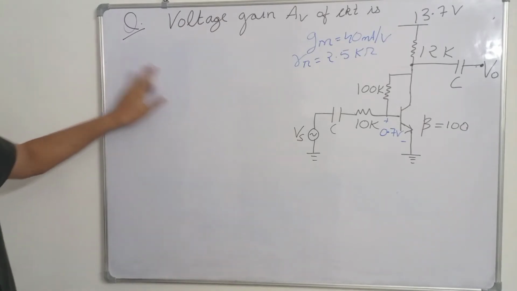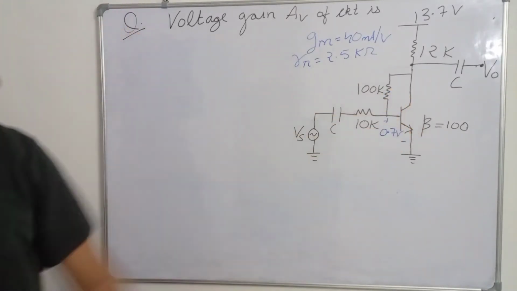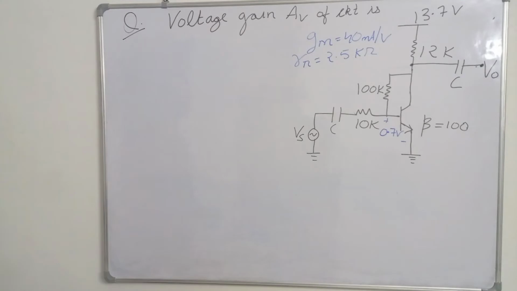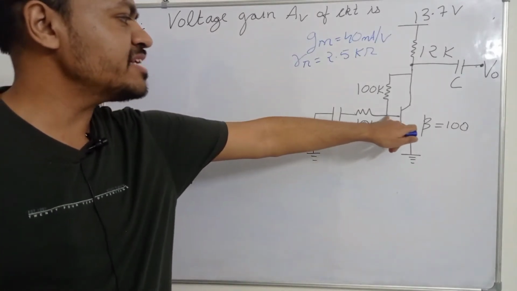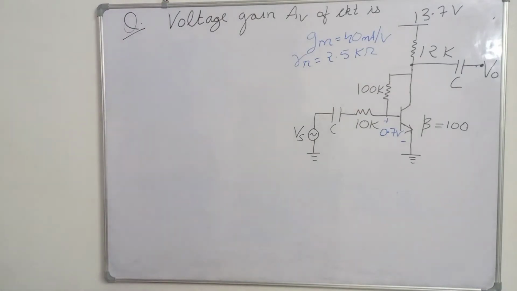Also, in the AC analysis circuit, this 100 kilo ohm resistor is connected from the base as well as to the collector. So the 100 kilo ohm resistor is connected between the input and output nodes.